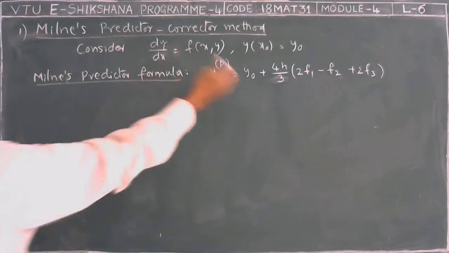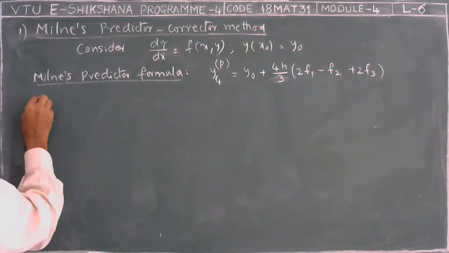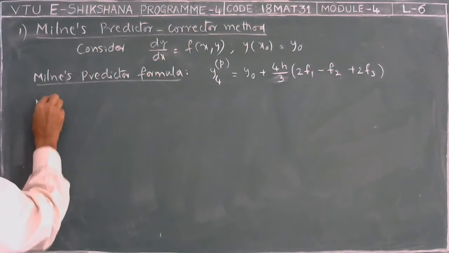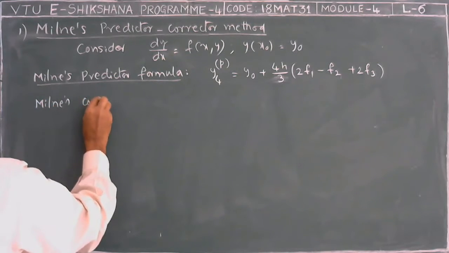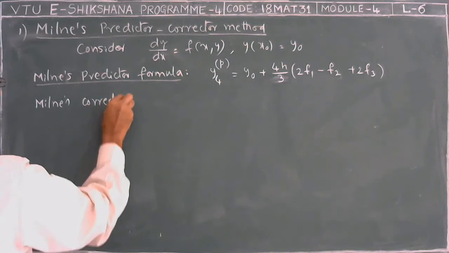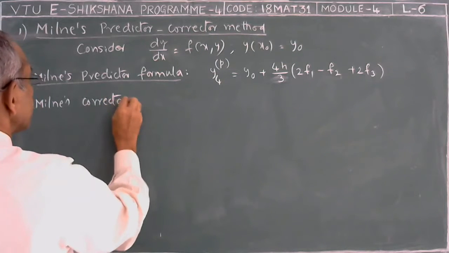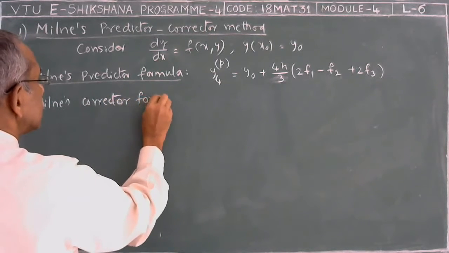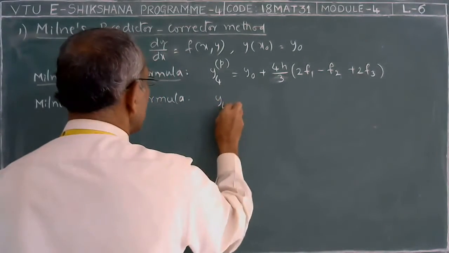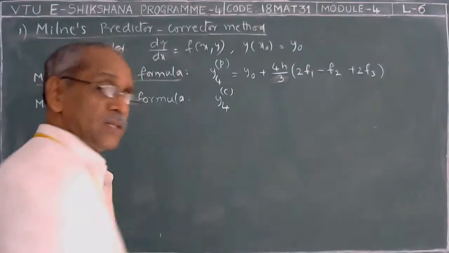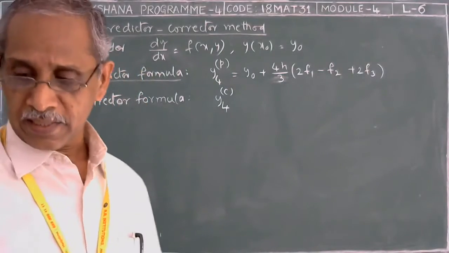After predicting the value, we refine or correct it using Milne's corrector formula, given by y4C, where C stands for correction.